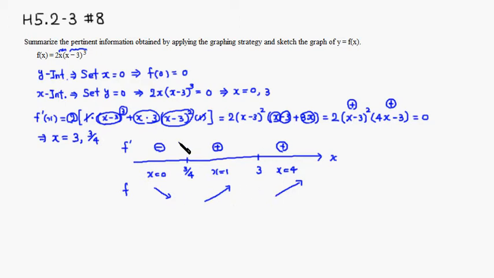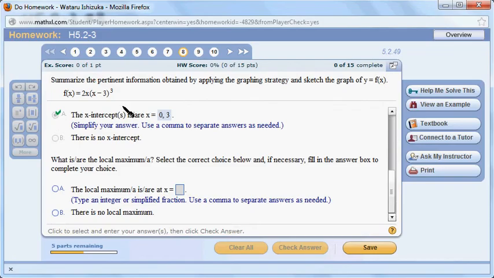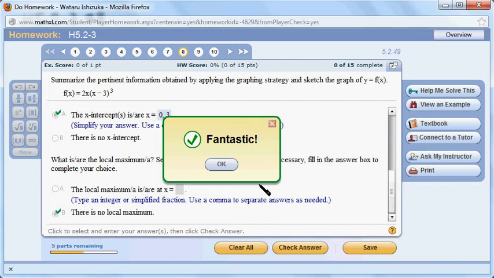So you're going to have a local minimum here, and here, since it's increasing, this is going to be neither. So we do not have a local maximum. There is no local maximum. Then check the answer. Got that.